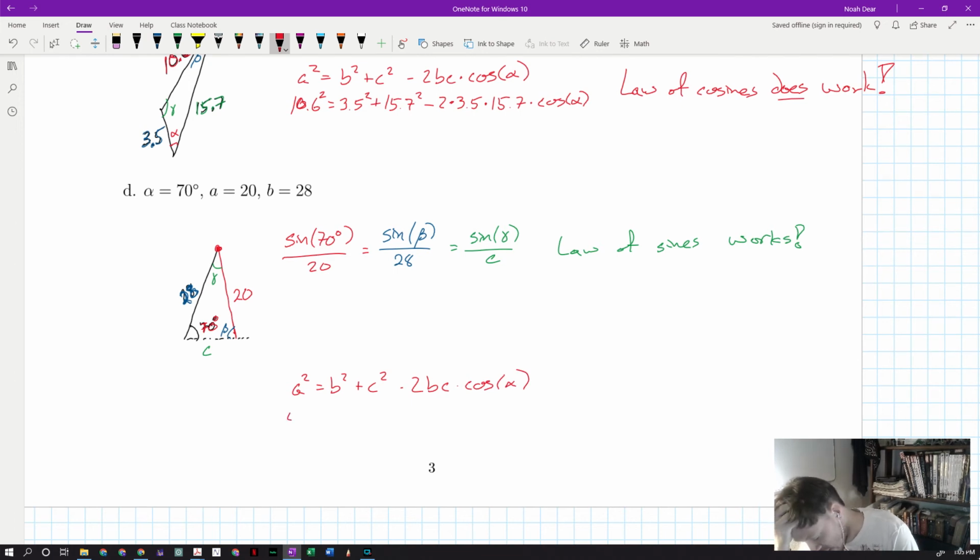Plug everything in, we get 20 squared equals 28 squared plus c squared minus 2 times 28 times c times the cosine of 70 degrees, and this uses quadratic. This is quadratic because of the c squared and the c. So use sines.